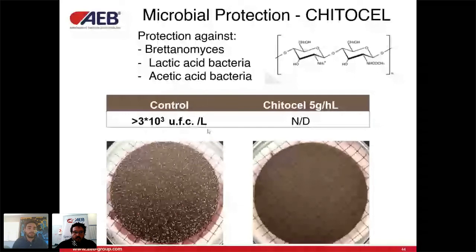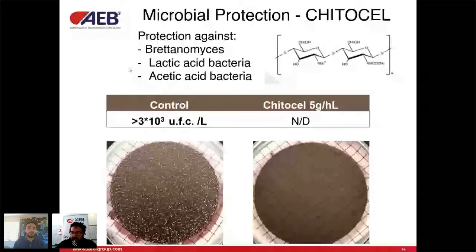Last but not least, I want to talk about microbial protection, because when you put your wine in your barrel you don't want it to be spoiled by bacteria or spoilage yeast, which could be Brettanomyces or Zygosaccharomyces bailii.